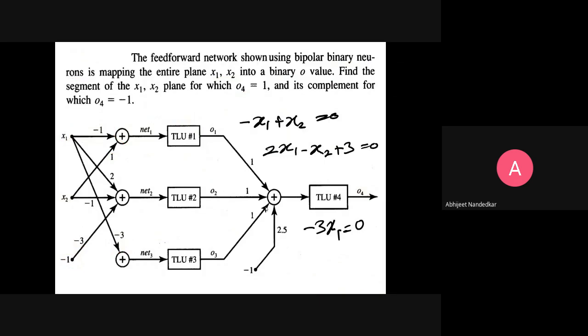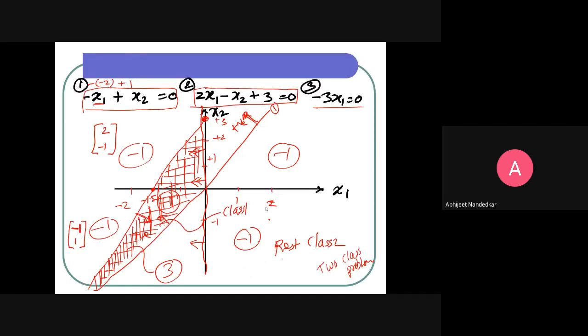Now let us plot what they are doing on the x1, x2 plane. So if you see, the first neuron is implementing minus x1 plus x2 equal to 0. So if I plot this particular line, it is this one. Okay, so you can actually see that this implementation is nothing but the x1 equal to x2 line.